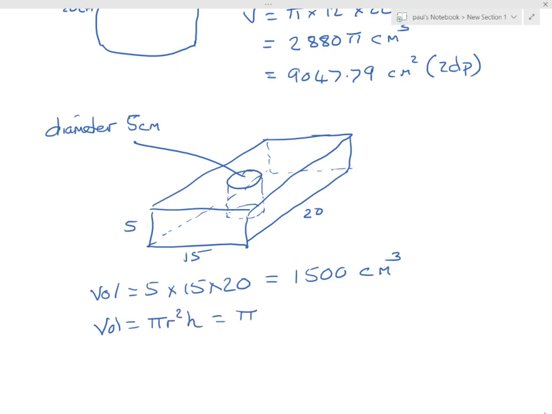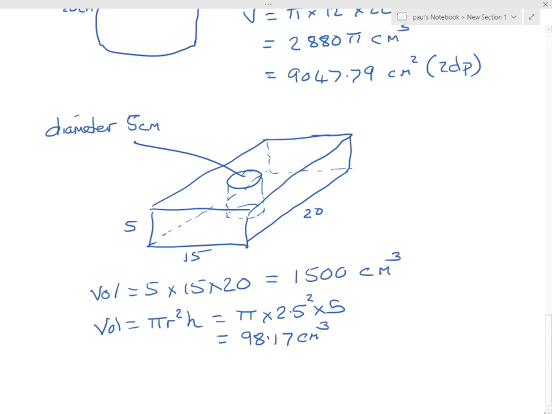Now the volume of the cylinder, which is pi r squared times the height. This is equal to pi times r, which is half of the diameter, which is 2.5 squared, times the height. The height of the cylinder is the same as the height of the cuboid, which is 5. And all that comes out to 98.17, I'll call it, centimeters cubed.